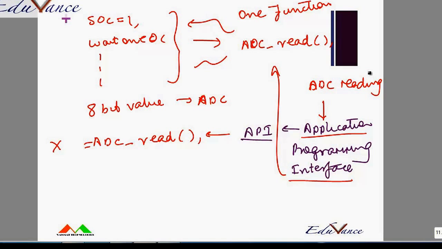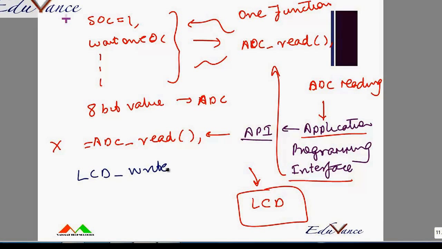Okay. So similarly, if I want to, let's say, put a value on an LCD, you have an LCD screen and I would like to write or display the value on an LCD, you would have an API for an LCD which would say LCD underscore write. That's all.